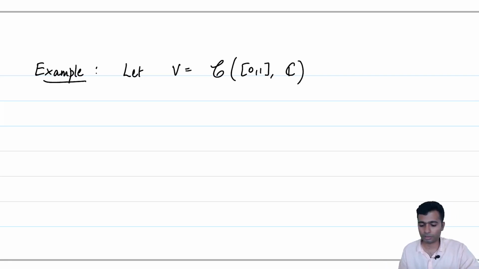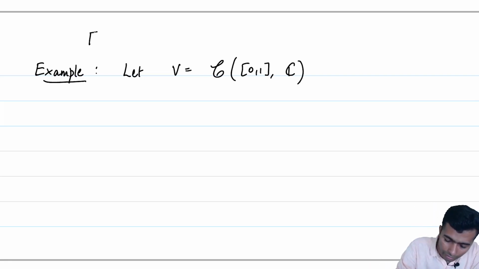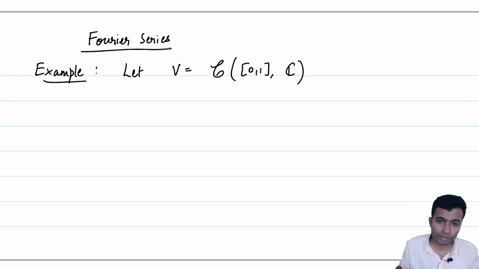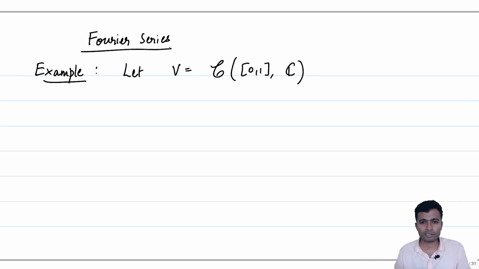For this example, let me just put here the name as Fourier series. This is a standard course in Fourier analysis in graduate studies. Because of the vastness of the subject, this is just skimming the tip of the iceberg, but nevertheless it's a good place to give an example.